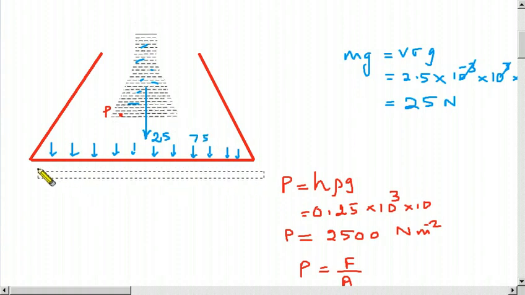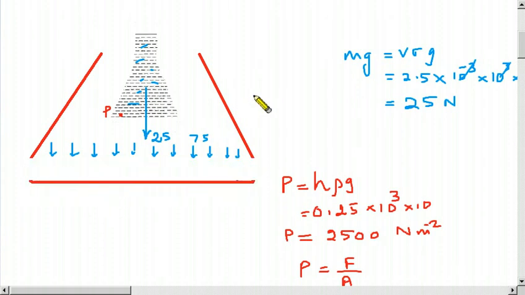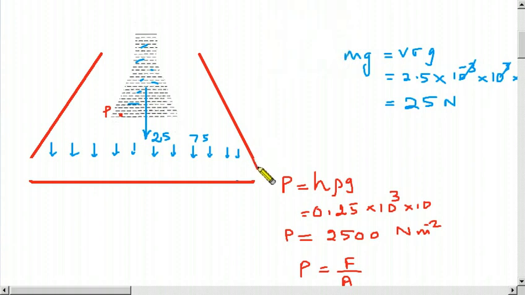I take this bottom a little bit downwards because I have another force to mark. So that is the force given by the water. Now according to Newton's third law, this one is the action in blue color.